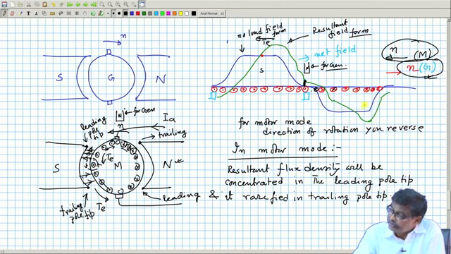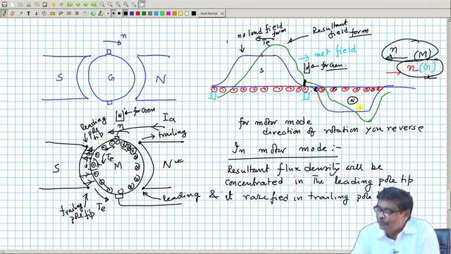You are coming in from the influence of the north pole, is it not? And what should be the polarity of this interpole? You want to nullify, but this positive direction is south pole. So, to nullify this, you require a north pole here, which is the same as the main pole behind.